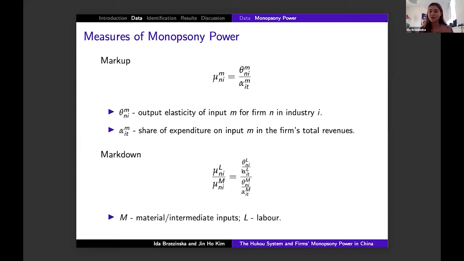So we think that firms cannot influence the price of their inputs in the input market for materials. So this markup would only be capturing the distortion in the output market. So if we compare the labor markup to the material markup, we are really filtering out the distortion in the output market. So if there's no monopsony in the labor market, this markdown, this ratio of markups, should be 1. And if it's bigger than 1, then something else is going on, and we interpret that as being monopsony power.